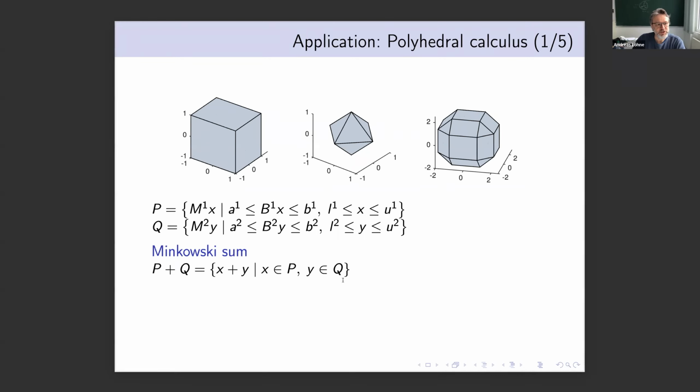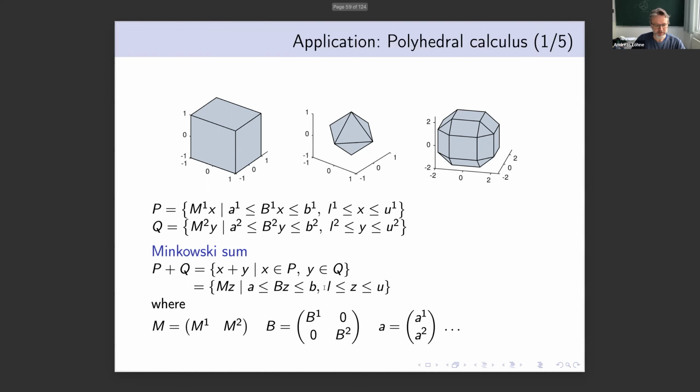And now the observation is that it is very easy to obtain a P representation of the Minkowski sum. So we can write this down immediately. The P representation of the sum is this one, and we have to take these composed matrices and composed vectors here.